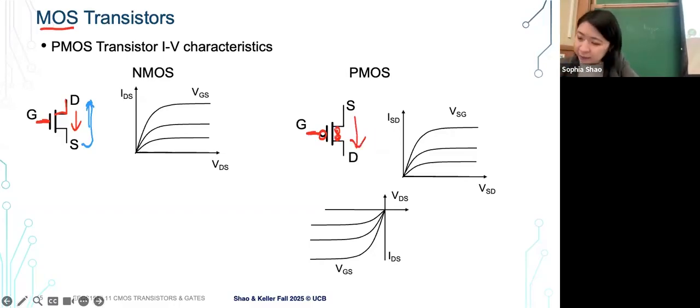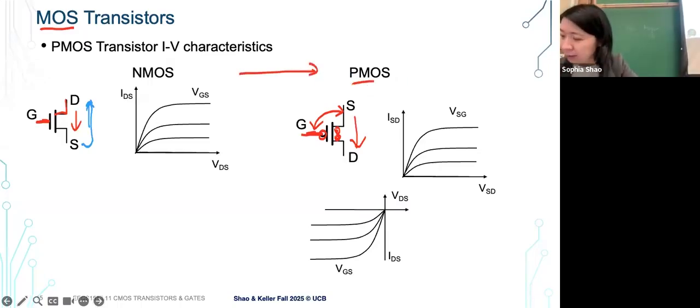We'll talk a little bit later, but PMOS is actually the opposite of NMOS. It is on when you apply a low voltage. That's when you have a conducting channel, and it's the voltage difference between source and drain that creates the channel. But PMOS is basically the opposite of NMOS here.